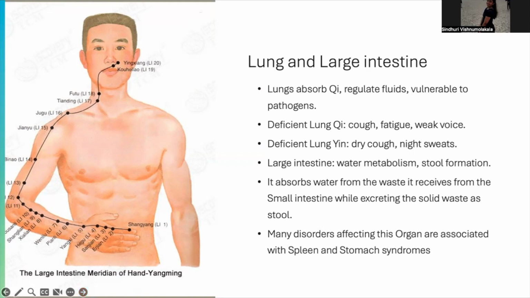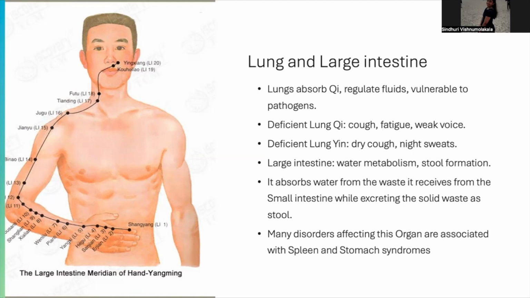And as we can see, the large intestine starts at the fingertips and travels posteriorly towards the head and ends near the nose. So, lung generally absorbs energy, which is key.